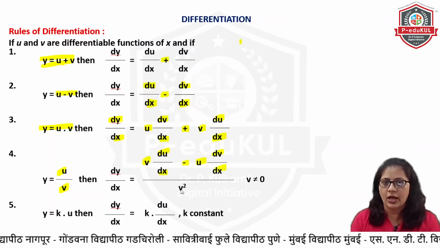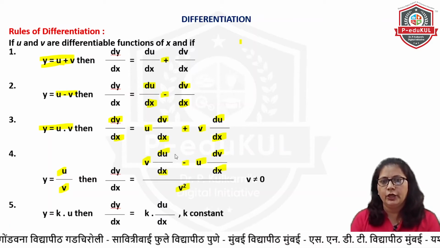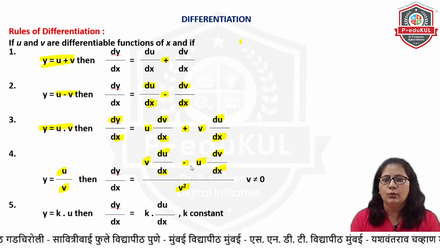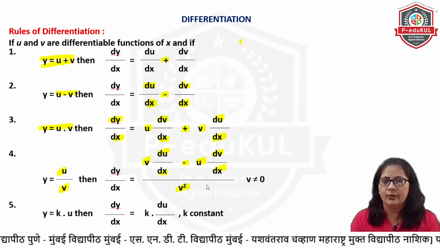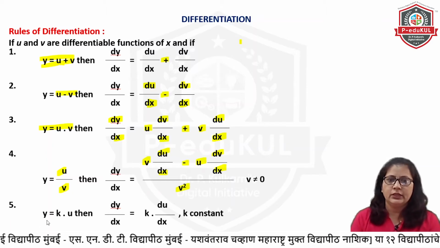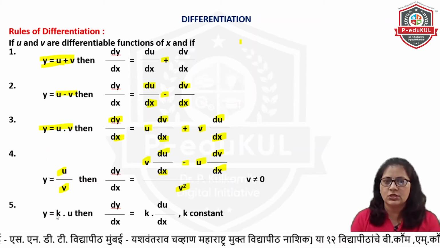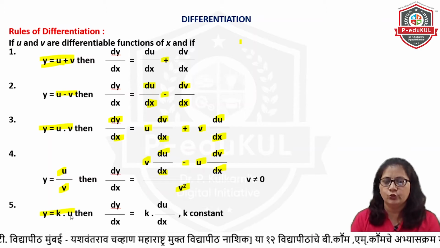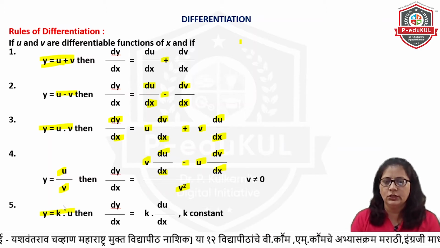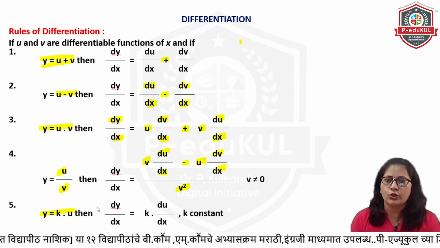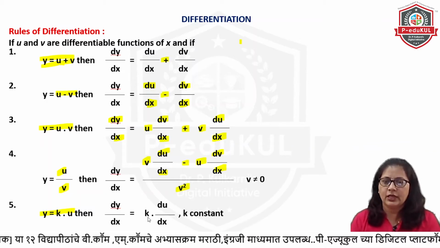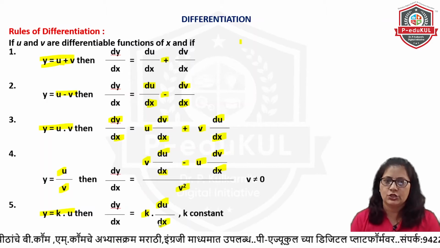I say this law as denominator into derivative of numerator minus numerator into derivative of denominator, divided by denominator square. And this is used many times: y is equal to k into u, where k is a constant, and the derivative will be k into du by dx. We keep the constant as it is and take the derivative of only the function.